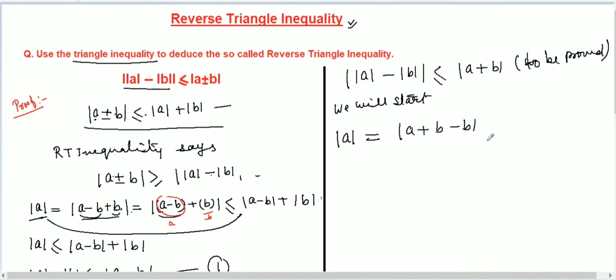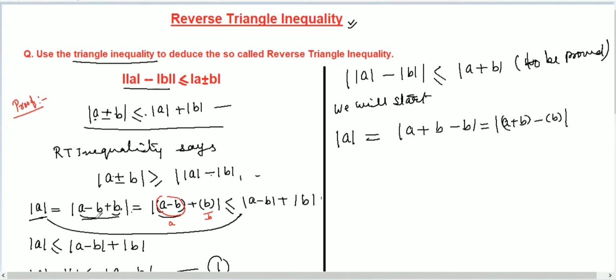Take it this way: absolute value of A plus B inside the bracket, and then minus B. And use the triangle inequality.